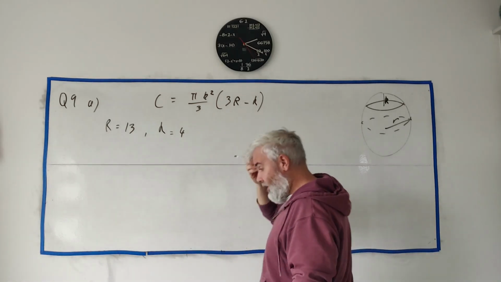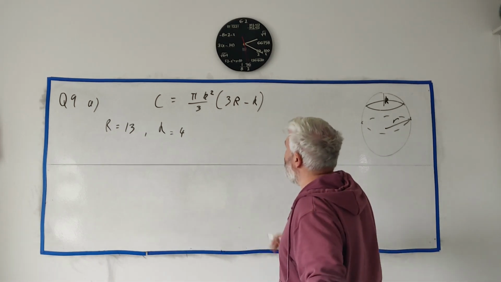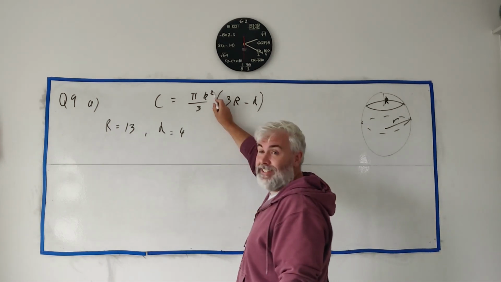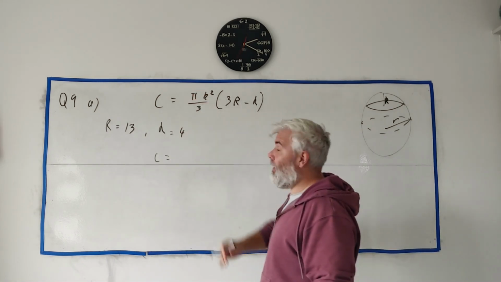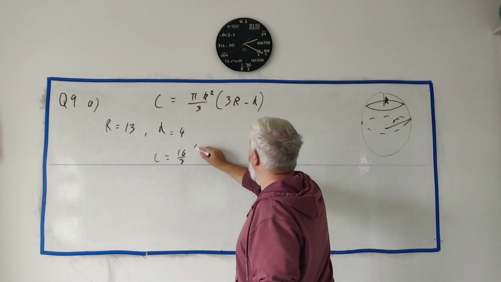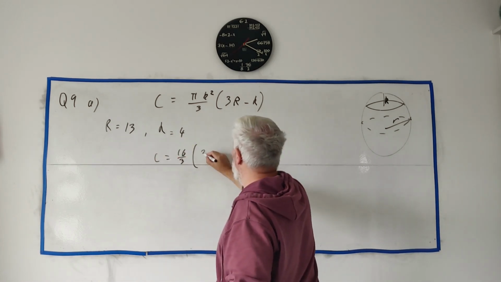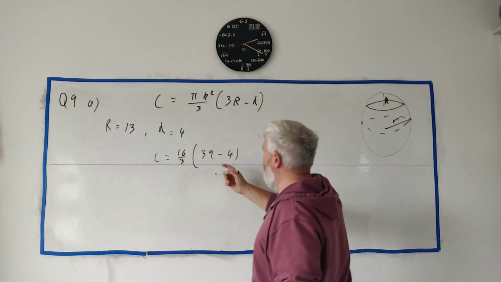So really we're just filling these numbers in. There's not much more to it than that. 4 squared is 16. They want the answer to leave pi alone. So we'd get 16 over 3. In here we'd get 3 times 13, that's 39 minus 4. So what would that be?